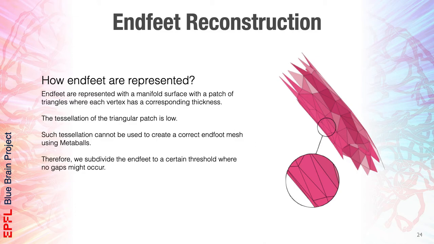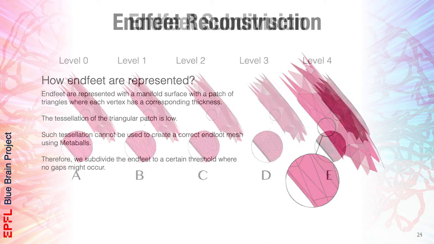The third component, the end feet, is provided as a manifold surface, a patch of triangles where each vertex has a corresponding thickness. Unfortunately, the tessellation of this patch is quite low, so we cannot use such a patch as it is because it will end up having a fragmented mesh. Therefore, we have to subdivide the end feet to a certain threshold where no gaps can occur.